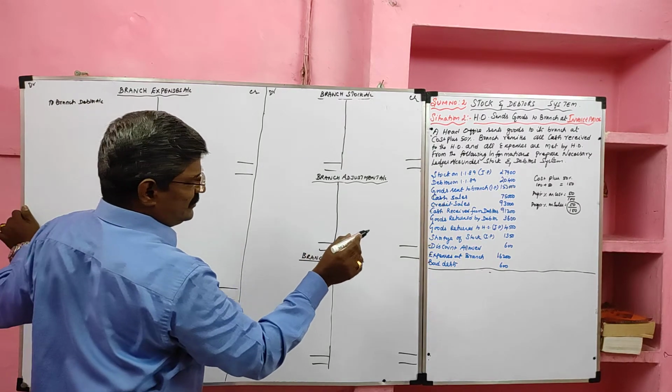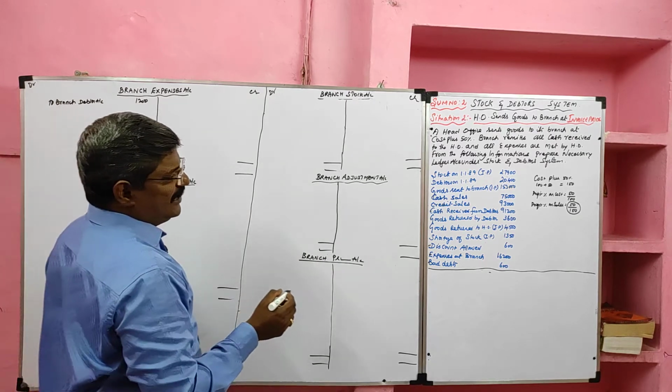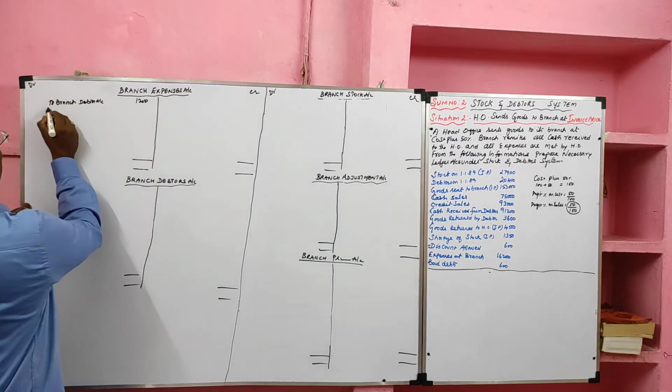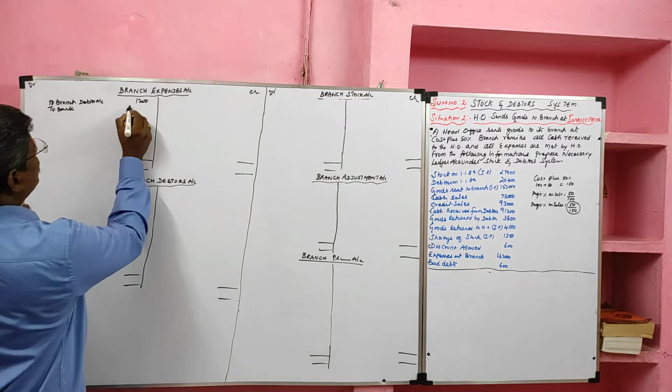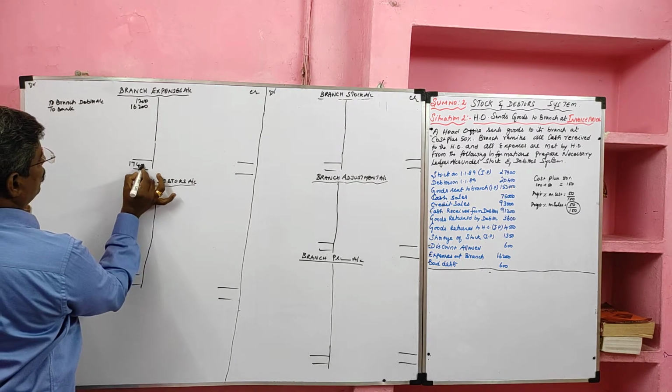The total of discount allowed and bad debts is 1200. Then cash expenses, expenses at the branch paid by the head office, will be recorded on the debit side as to bank, value 16,200. So the total is 17,400.